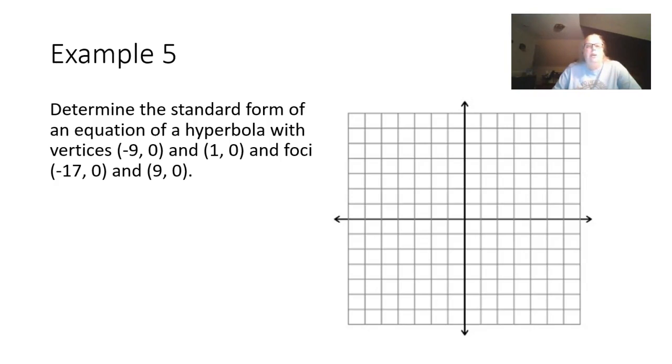Okay, so let's first of all graph the vertices. We're going to have vertices at positive 1, 0 and negative 9, 0. All right, and the foci will be located at negative 17, 0 and positive 9, 0. So these foci are going to be way on out here.